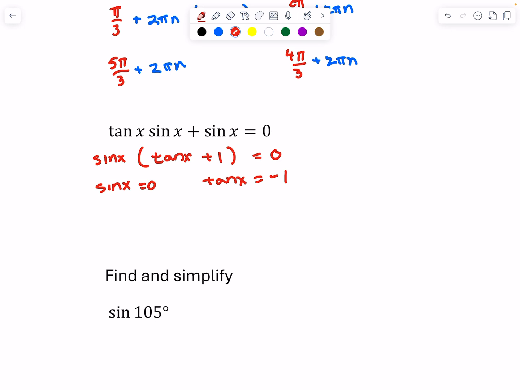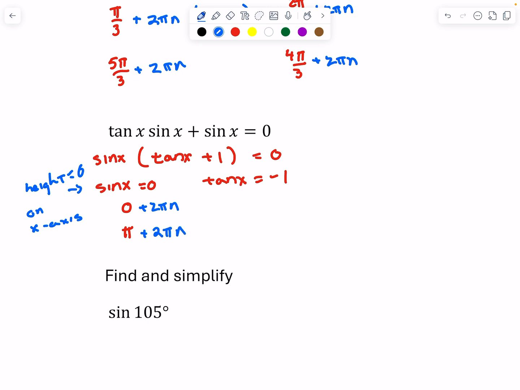Sine is 0 on the x-axis, so at 0 and pi. Those of you paying attention might realize that you can just say 0 plus pi n, or pi n, to catch both of them at once.